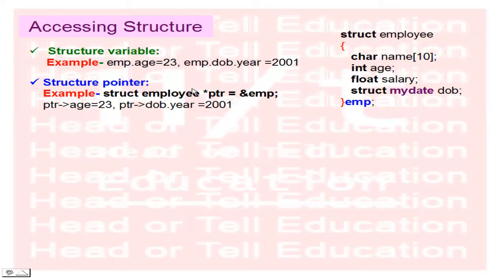If we want to access the age of this structure, we use the pointer name, an arrow sign and the variable name: ptr arrow age equals 23. For a nested structure variable, we use the pointer arrow sign, but here I am using dob dot year because dob is not a pointer, it is a variable. So ptr arrow dob dot year equals 2000. So this is the accessing method of structure variables.